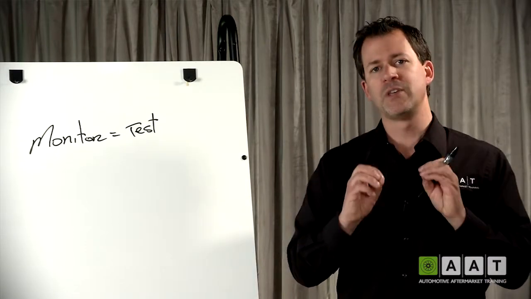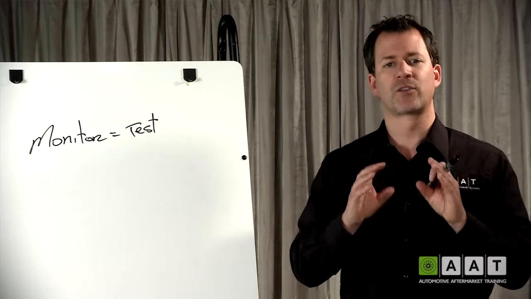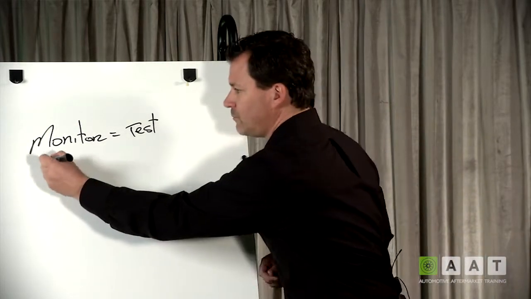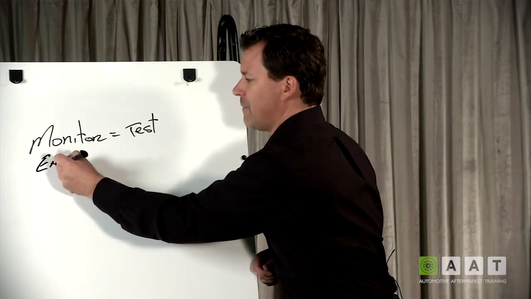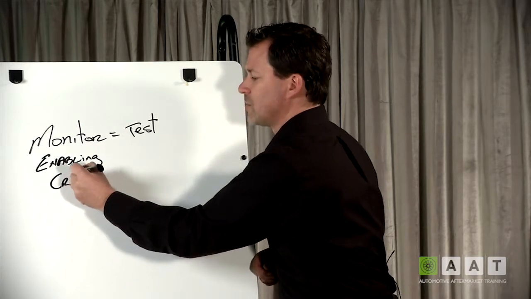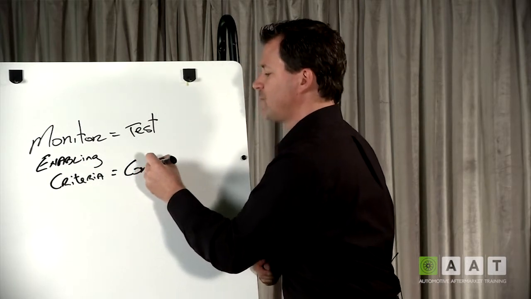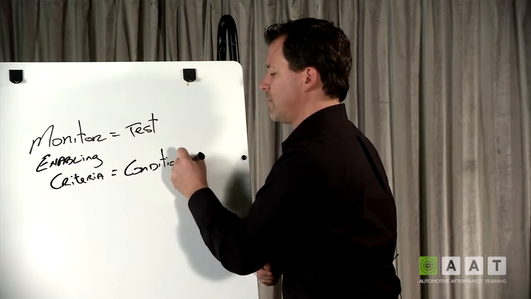To the car, these conditions that must be present in order for the test or the monitor to run are called enabling criteria. So enabling criteria is nothing more than conditions that must be present for the test to run. Okay?